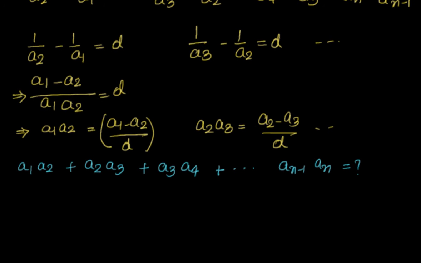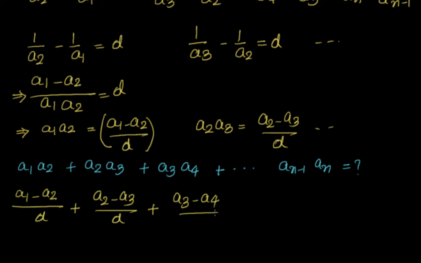But we just now found out that A1A2 equals (A1 minus A2) divided by D, and A2A3 equals (A2 minus A3) divided by D, and A3A4 equals (A3 minus A4) divided by D. Like that we will go till the last one, which is equal to (A(n minus 1) minus AN) divided by D. Now you know that when you add all this, A2 will cancel, A3 will cancel.